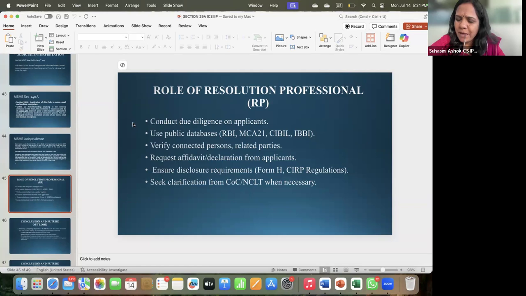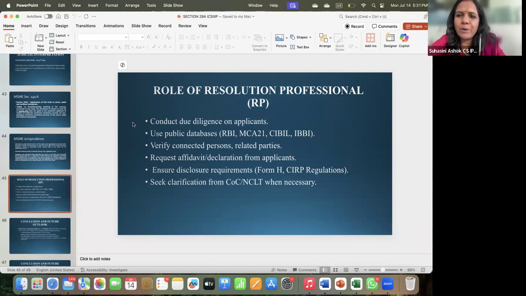But see, as per Section 34, as we were discussing in the presentation, it is mandatory along with the resolution plan application to NCLT that you should submit this affidavit. If this affidavit is not submitted, NCLT will not approve the resolution plan. And we also cannot proceed to put this plan up for voting before the COC.